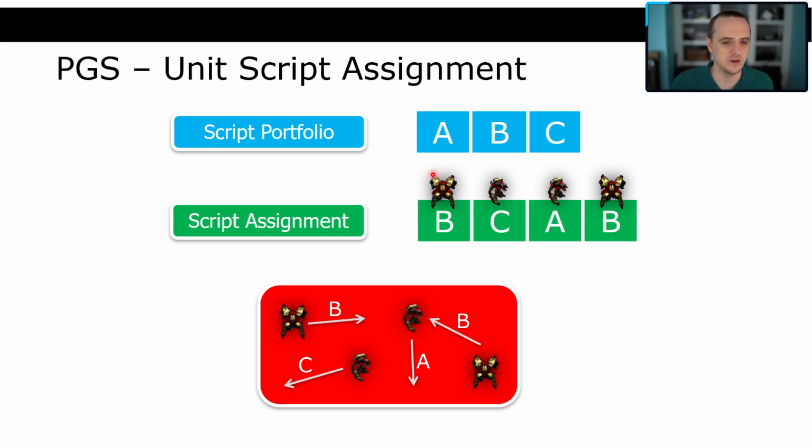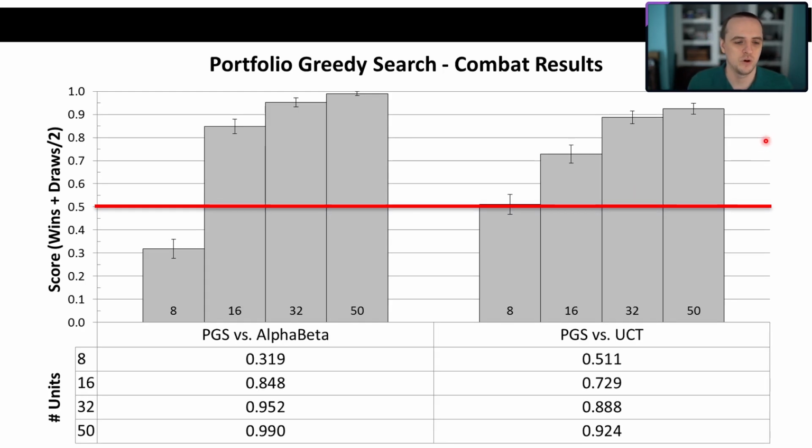So we have like Dragoon, Zealot, Zealot, Dragoon. It will create assignments from scripted actions to each unit, and then evaluate that, again with a simulation, and decide which assignment of those scripted actions to the units is best.